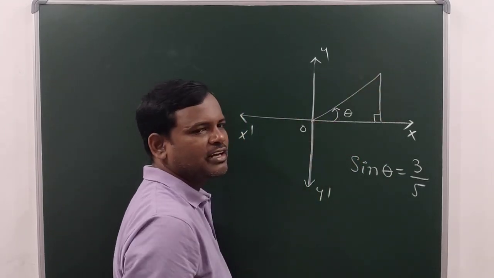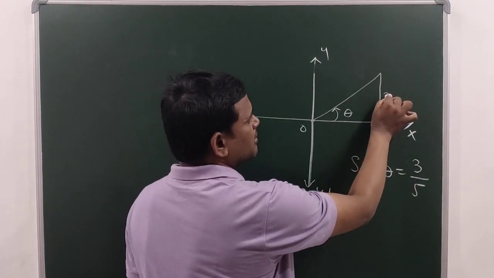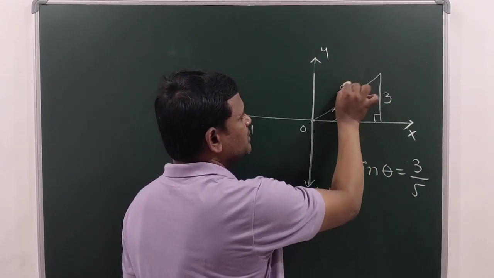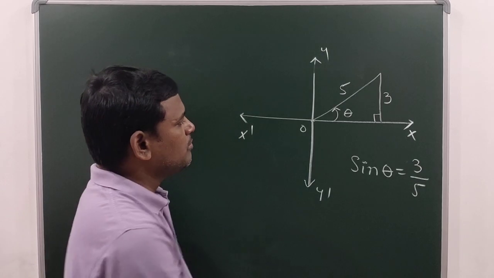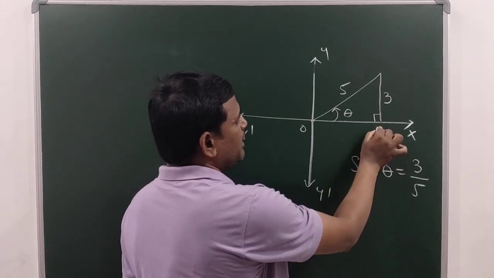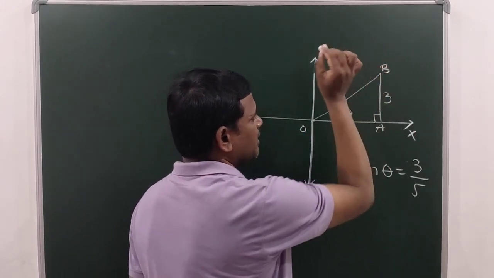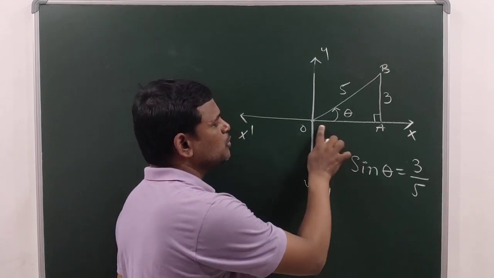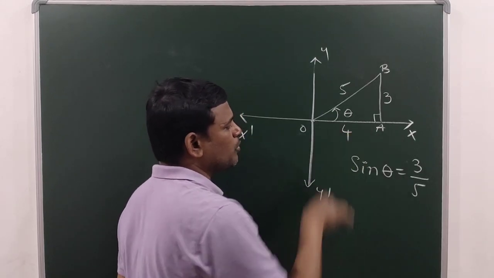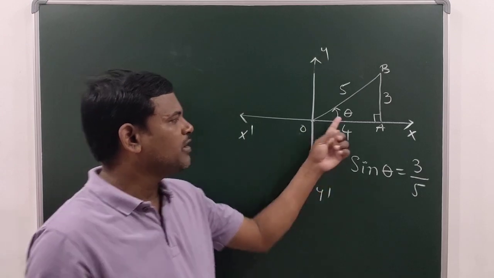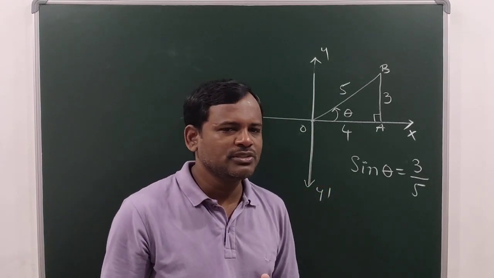Here we have taken theta. Now here this will be 3 and hypotenuse is 5. Now let the name of the triangle be OAB. Apply the Pythagoras theorem so that you will get OL length as 4. Okay. Now define all the 6 trigonometric ratios.